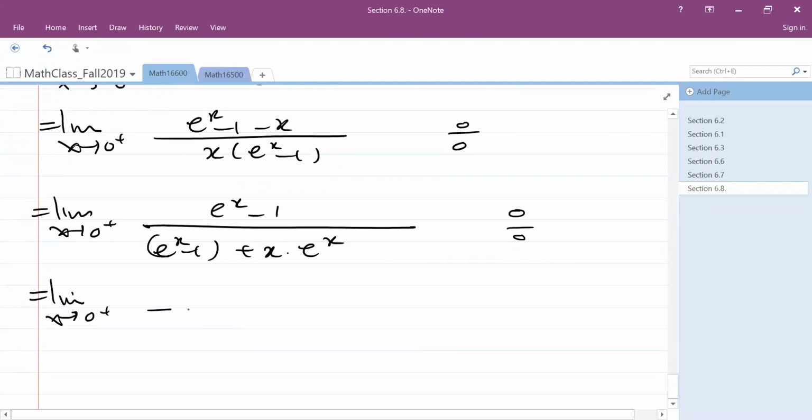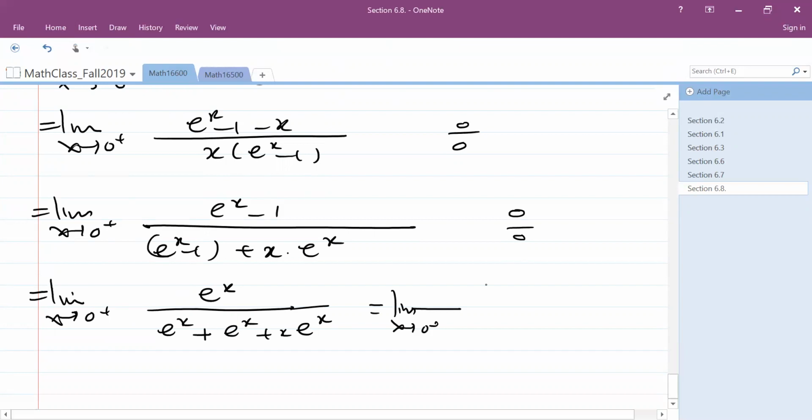Find the derivative. So e to the x in the numerator, and in the denominator, e to the x, plus by the product rule, e to the x plus x times e to the x. Okay, that's the derivative. Now when you plug 0 for x, you get 1 over 1 plus 1 plus 0. You can simplify a little bit if you want to find a limit.